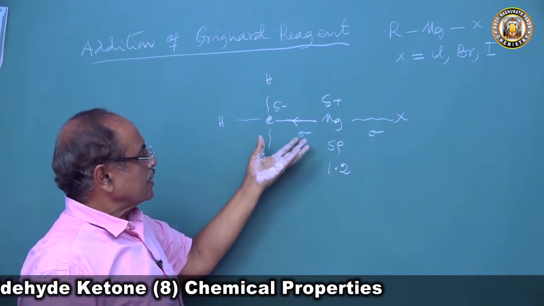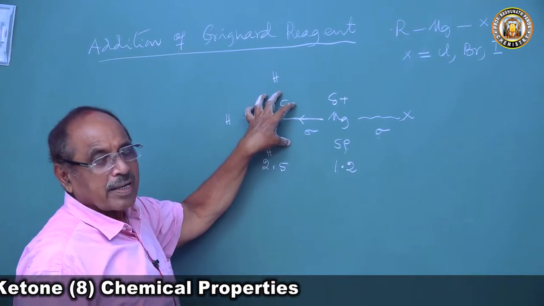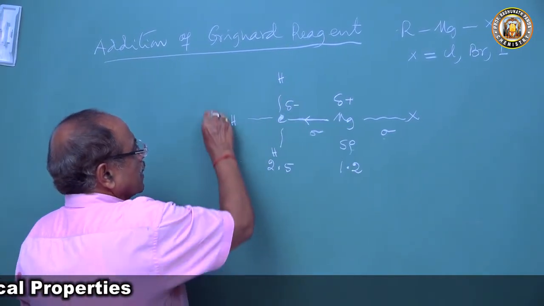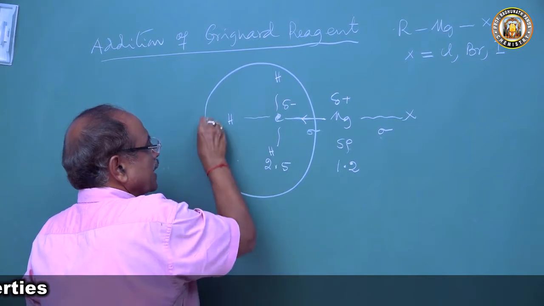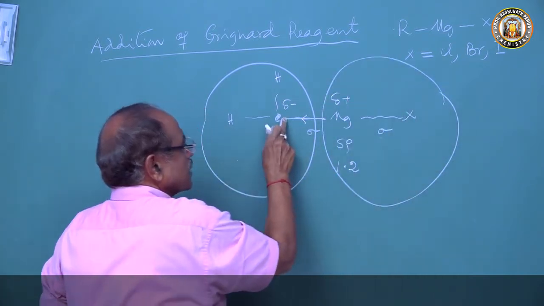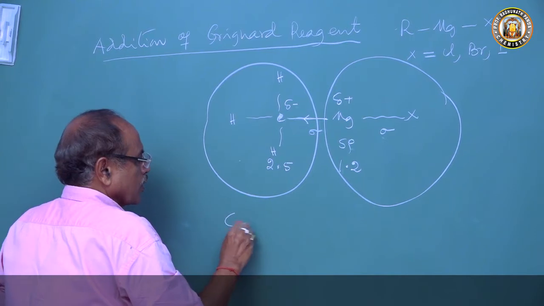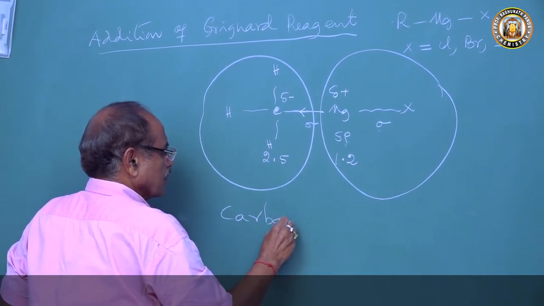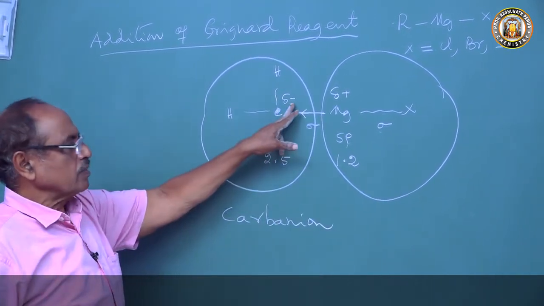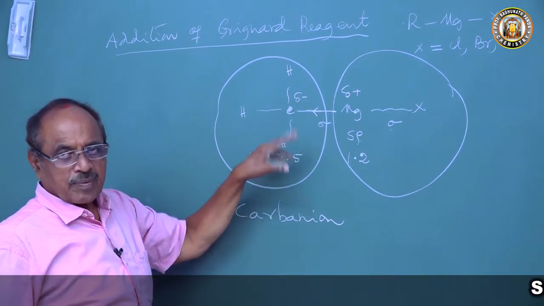So this has a tendency to produce R minus. This part is the negative part, this part is the positive part. The carbon atom with a negative charge is called a carbanion.